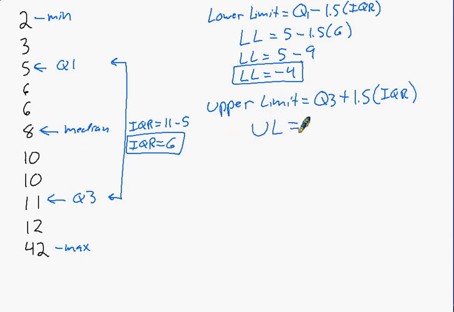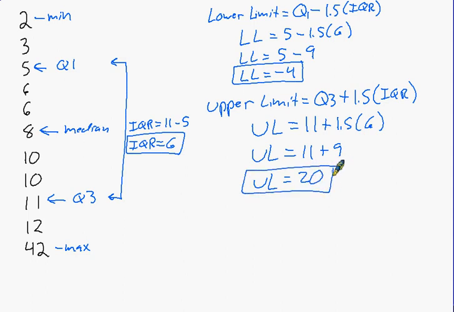So the upper limit in this case is going to be 11 plus 1.5 times 6. All right, upper limit is 11 plus 9. So the upper limit is a nice round 20. So what that does is it creates the boundary, this is the upper limit.